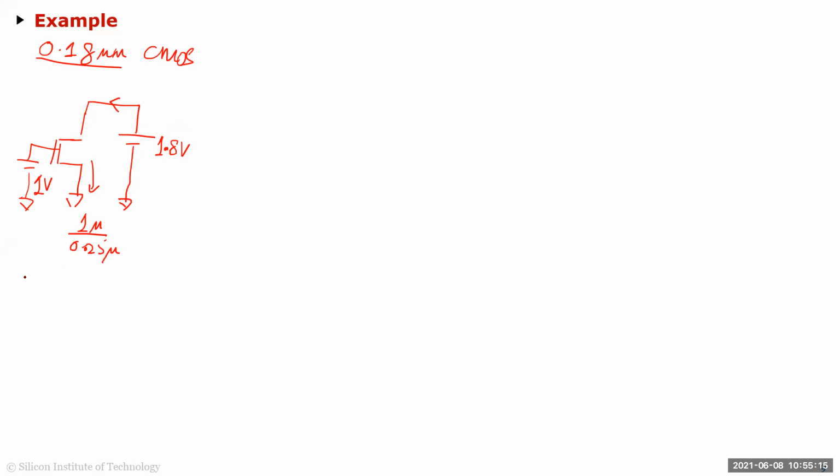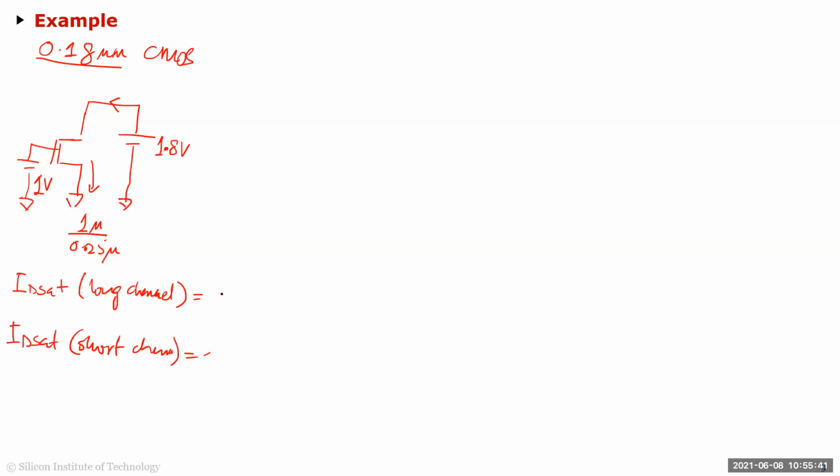So obviously this will be in saturation. That's the way I biased it. So we want to calculate the old way, ID sat long channel, and use our new set of equations, the short channel equations, and we'll figure out what the difference is.